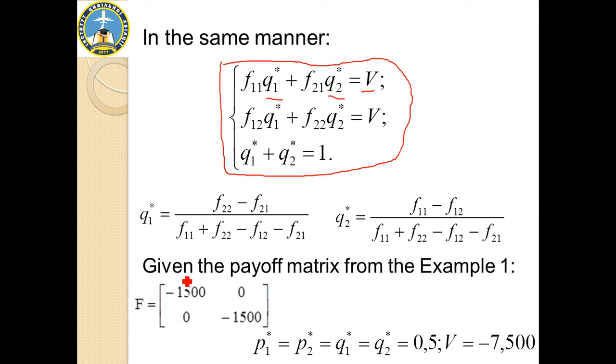Now this game can be solved in mixed strategies. So instead of sticking to individual pure strategies, we introduce the shares or probabilities for the businessman to hide at one of these points.